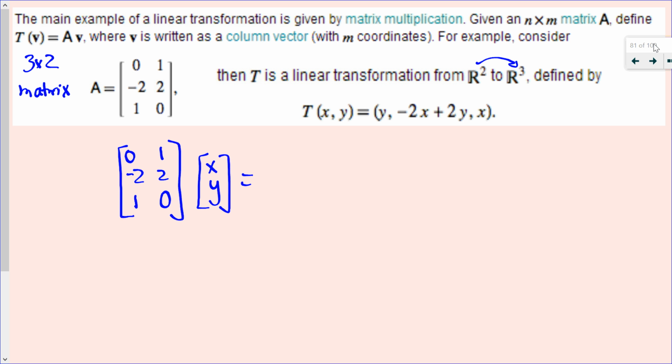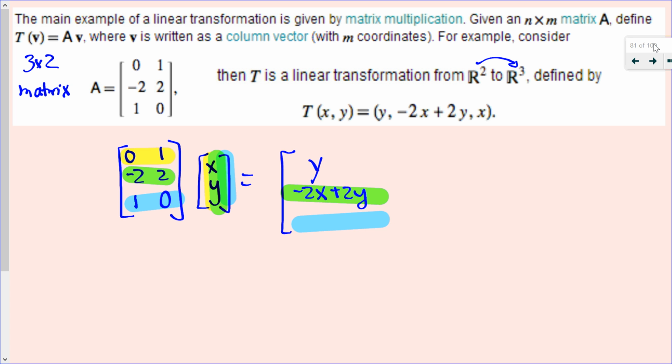If we do row by column multiplication, we get y for the first component, and then row by column, and we get negative 2x plus 2y, and then row by column a third time.